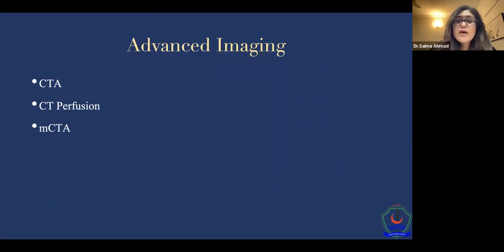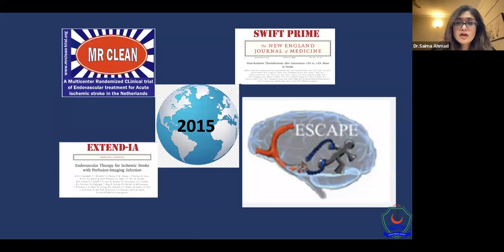Now, next is the advanced imaging, which is really not advanced. It's already established. So it is CTA, and then later we talk about the CT perfusion and multi-phase CTA. So the one thing is this, that prior to 2015, many of the studies about the endovascular therapy failed.